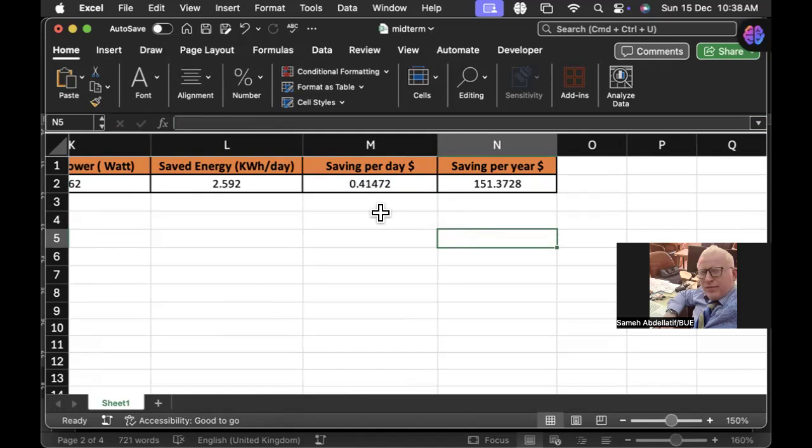per year. But the question is, is it worthwhile to make the decision or not? In order to decide, you have to consider the price of this lighting source.